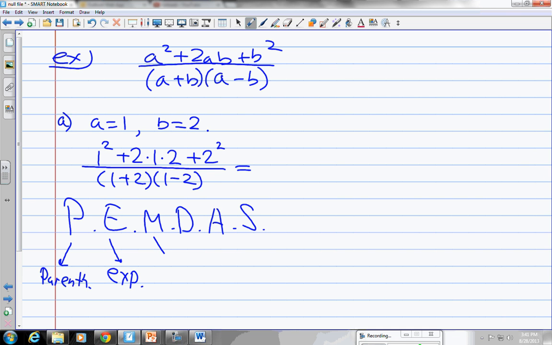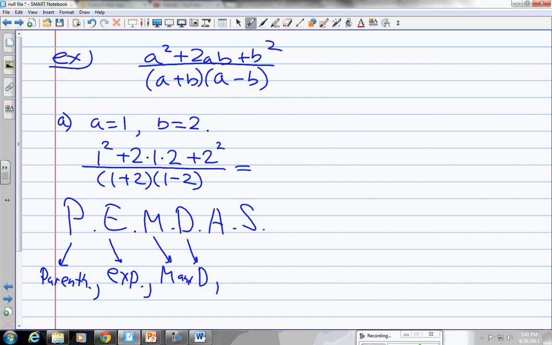Exponents. Now, please make sure we understand that all those are separated by a comma. First parentheses, then exponents. But multiplication and division, it doesn't mean that you multiply first, divide second. You can do them in any order. But addition comes after division and multiplication.